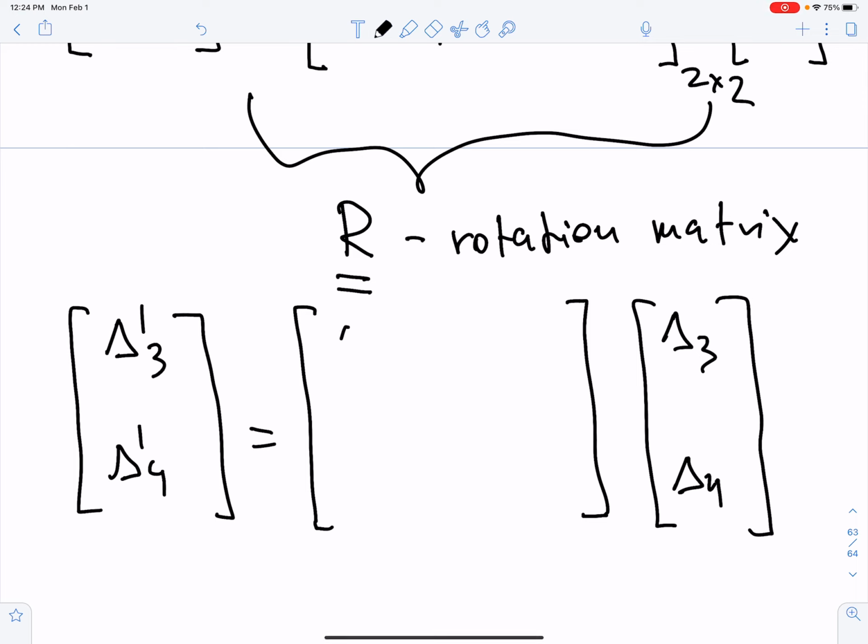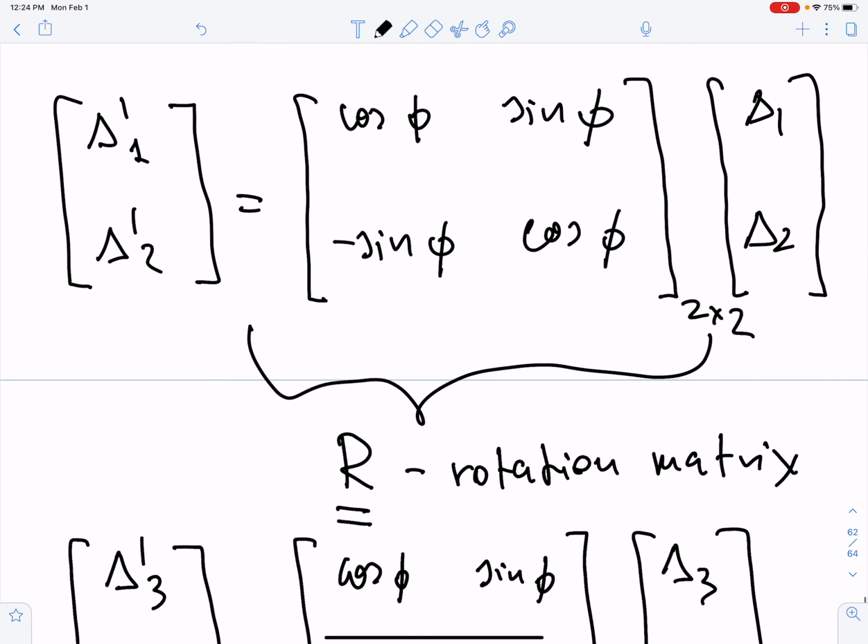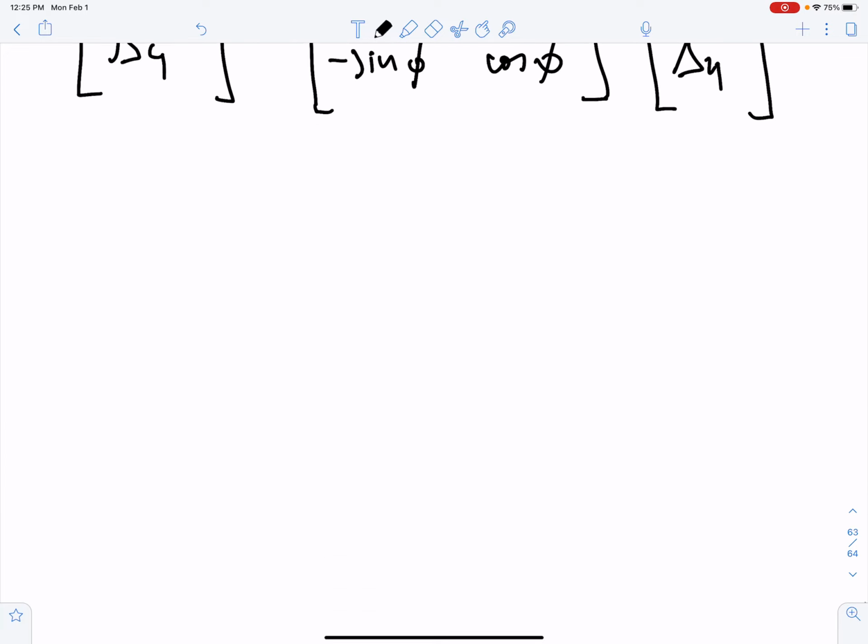So this becomes cosine phi, sine phi, minus sine phi, cosine phi.